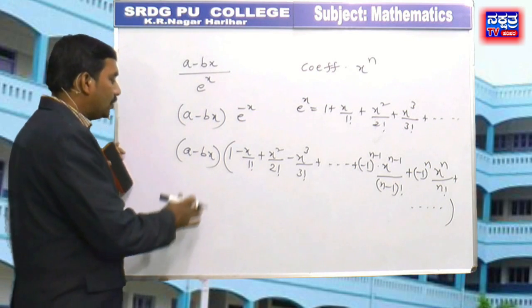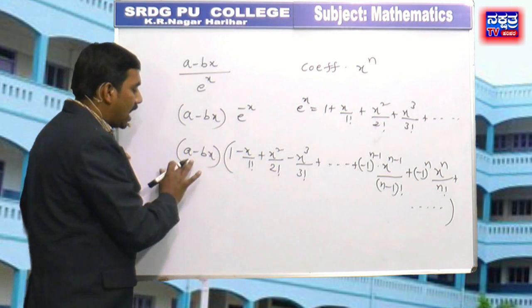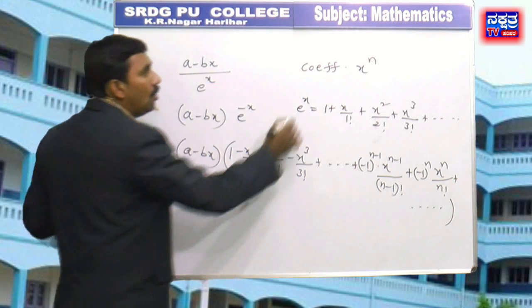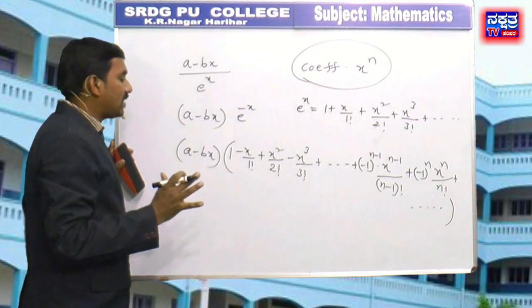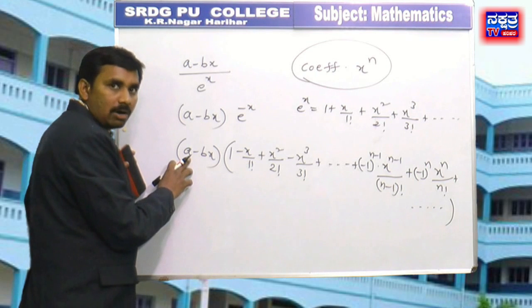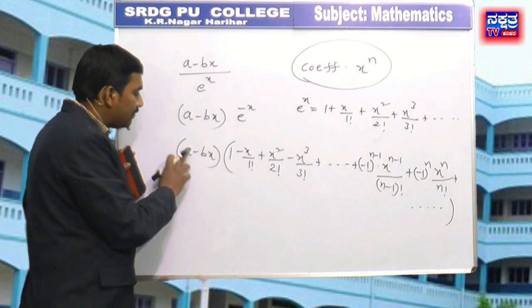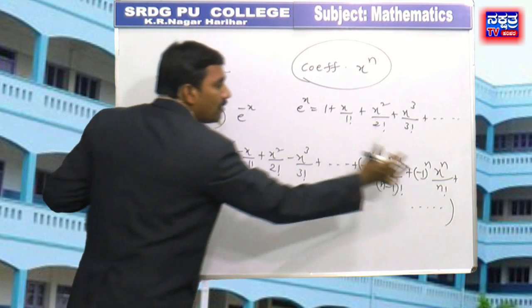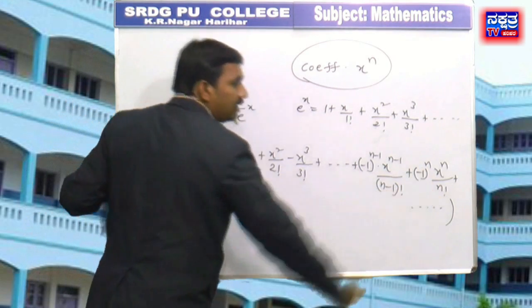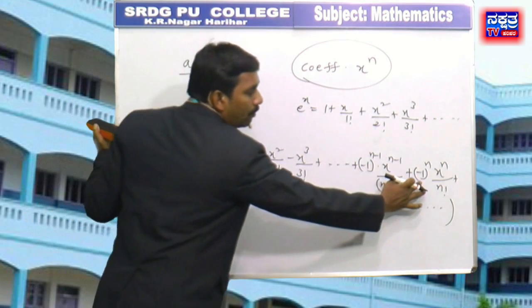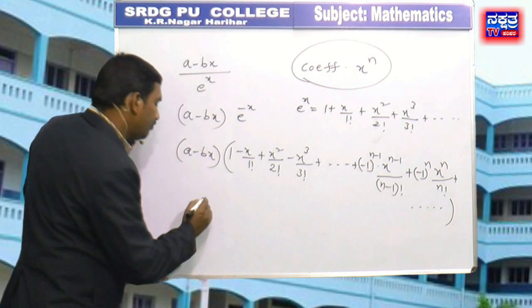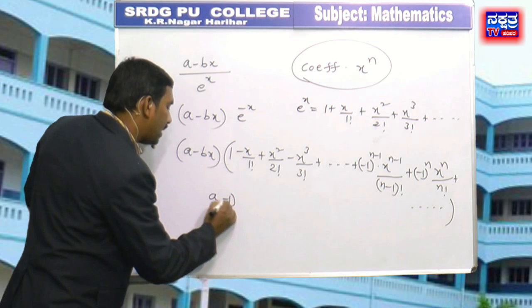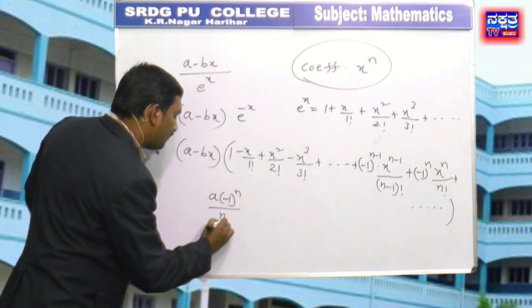Now see, if you multiply each and every term with a and bx, we need only the coefficient of x^n. When we get the coefficient of x^n, it means x is not there. Hence you can take only 1 into the x^n term. So what is the x^n term here? (-1)^n/n! into a. So a into (-1)^n/n!.